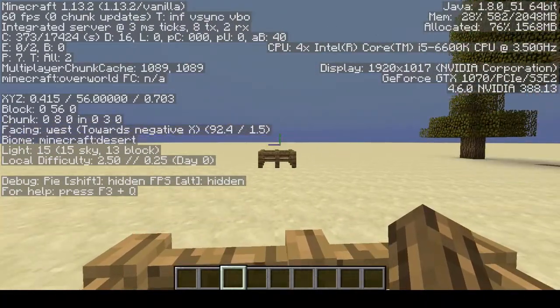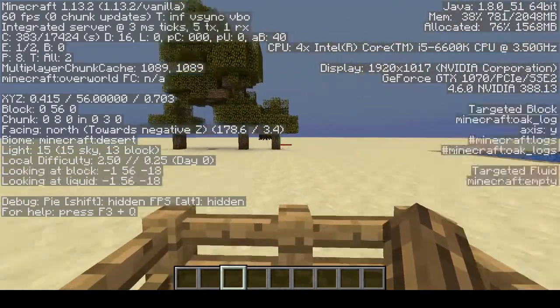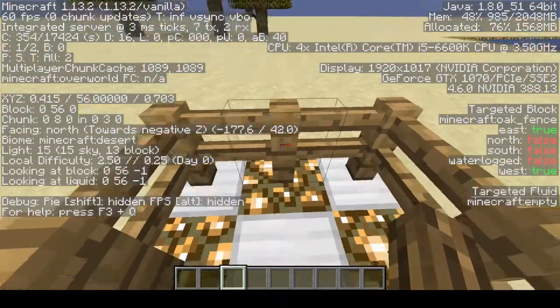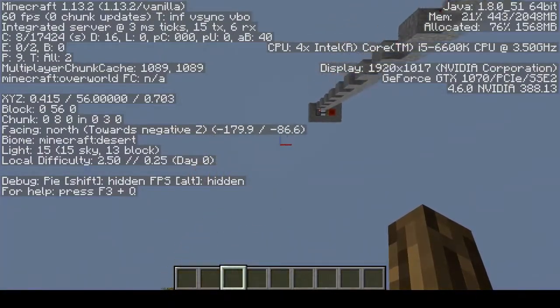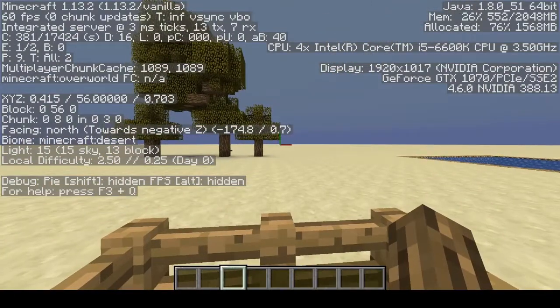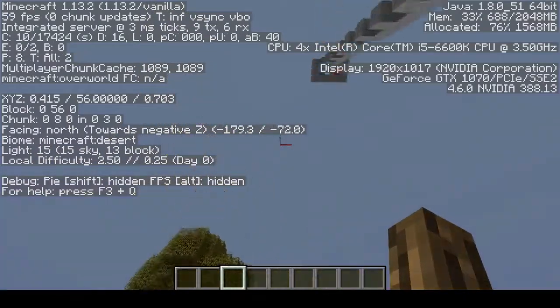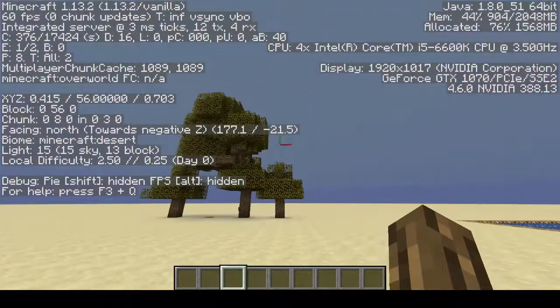Similarly, the red bar is the X axis, so if you look at this X axis, and you can imagine rotating around that, that's why it's called the X rotation. Because that's what you're rotating around. When you look up, you're rotating around the X axis, up and down.